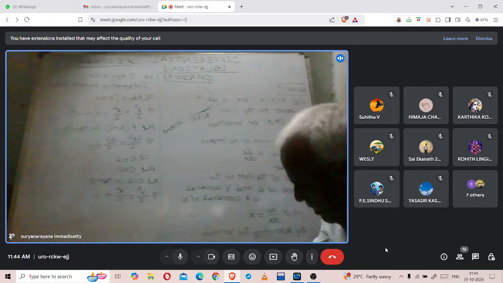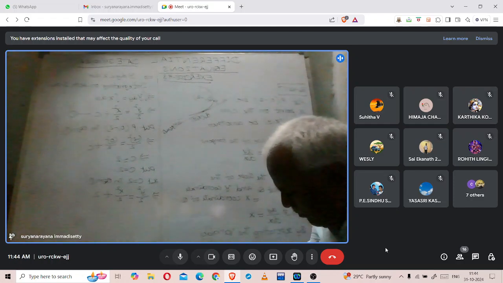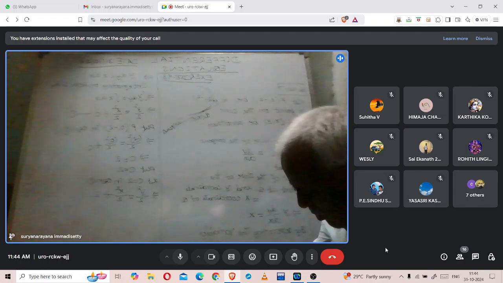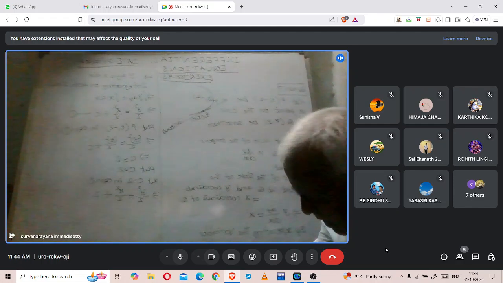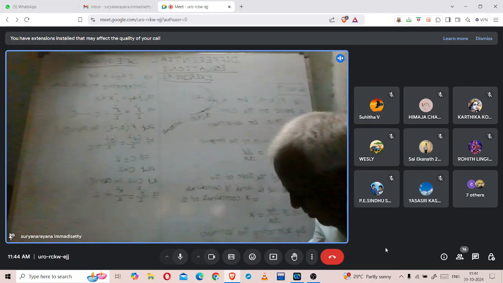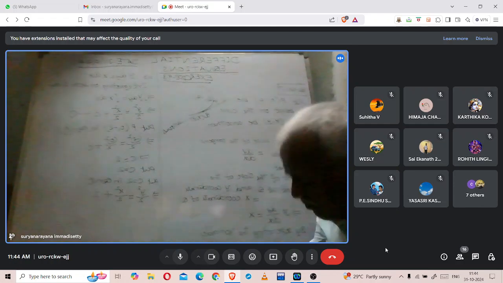Next question, see there. At any point x comma y of the curve, the slope of the tangent is twice the slope of the line segment joining the point of contact to the point minus 4 comma minus 3. Find the equation of the curve given that it passes through minus 2 comma 1.